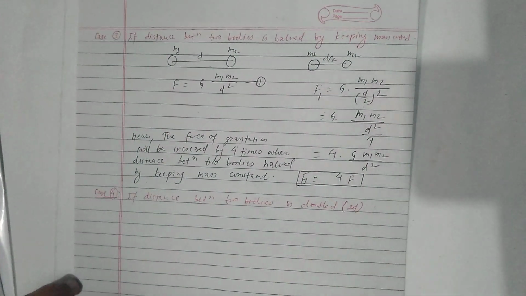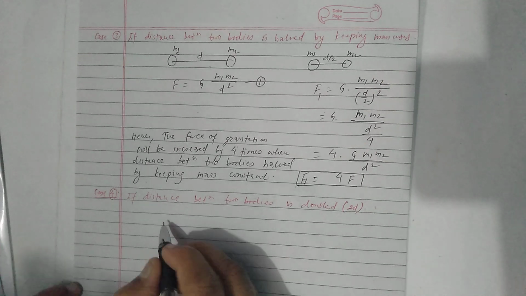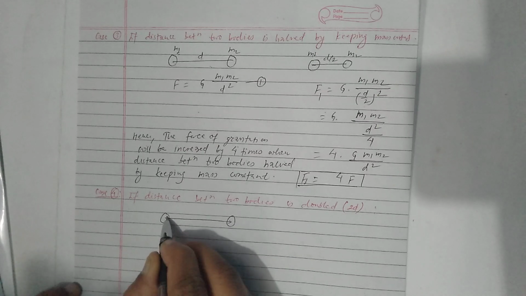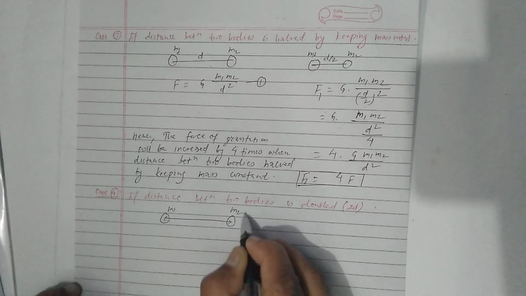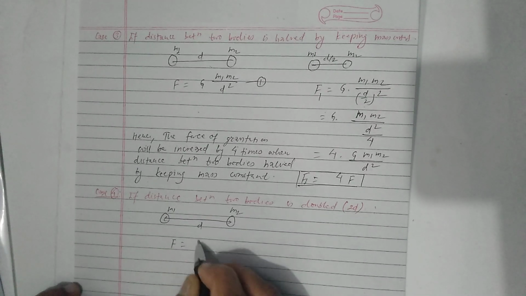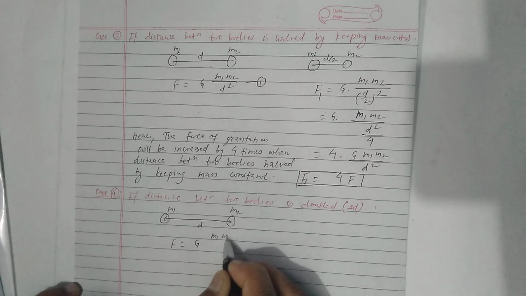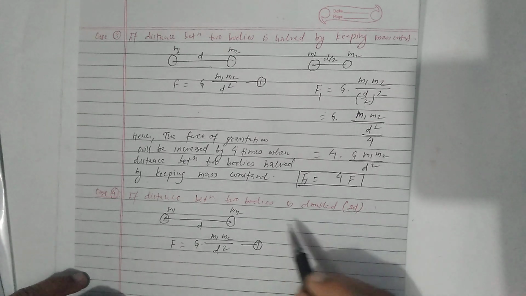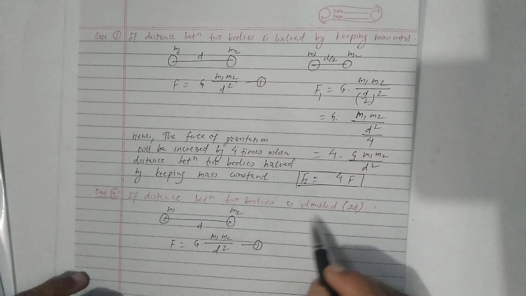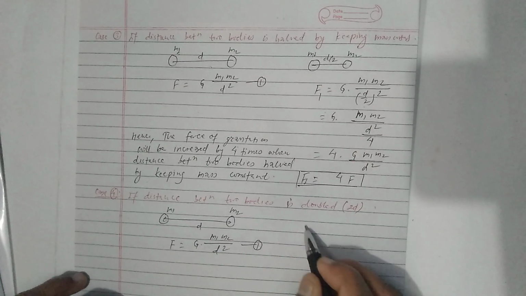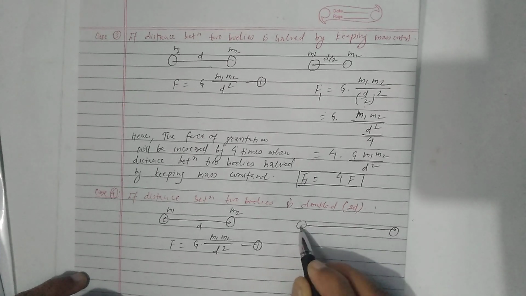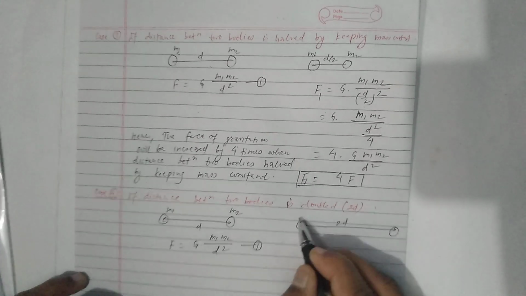Okay, so for this case, in the very first case we have two masses m1 m2 separated by distance d, so the force of attraction is G m1 m2 upon d square. This is equation number 1. But in the second case the distance between two bodies is double, so this distance will be 2d.